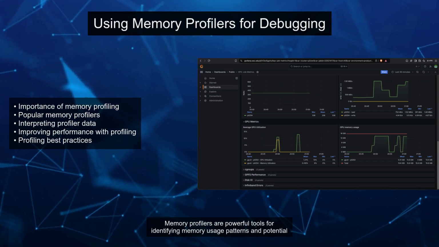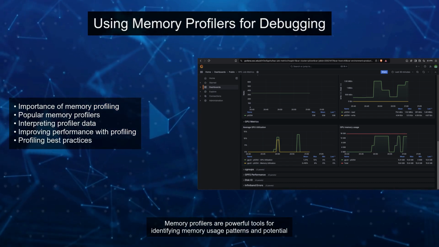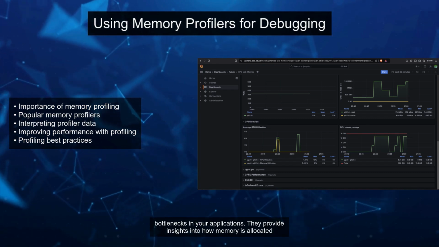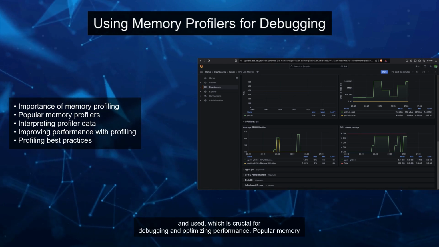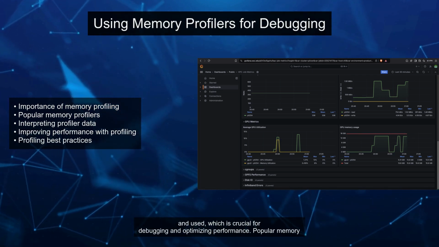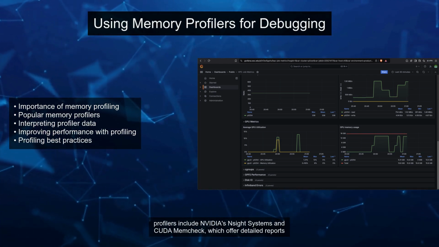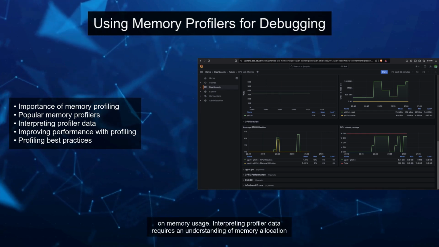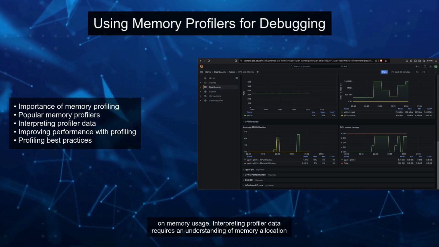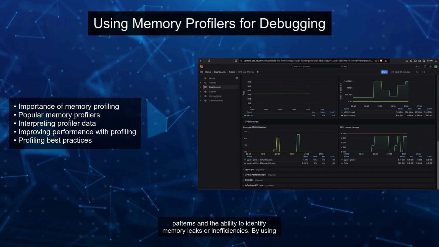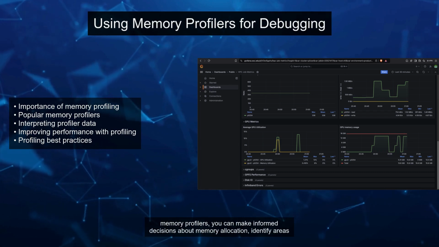Memory profilers are powerful tools for identifying memory usage patterns and potential bottlenecks in your applications. They provide insights into how memory is allocated and used, which is crucial for debugging and optimizing performance. Popular memory profilers include NVIDIA's Insight Systems and CUDA-MemCheck, which offer detailed reports on memory usage. Interpreting profiler data requires an understanding of memory allocation patterns and the ability to identify memory leaks or inefficiencies.